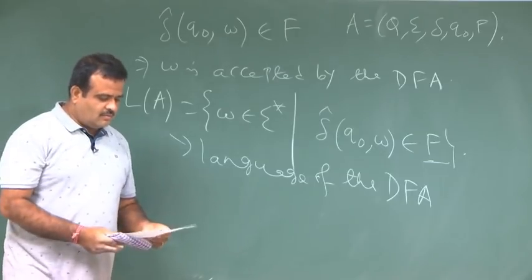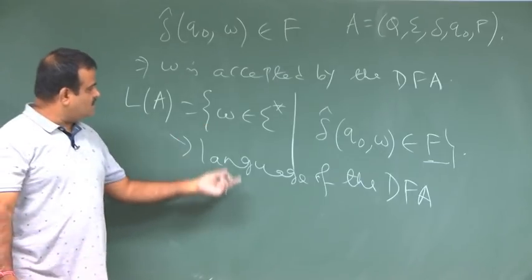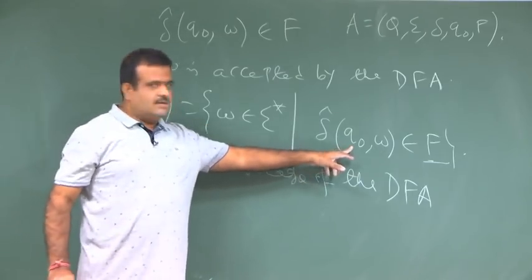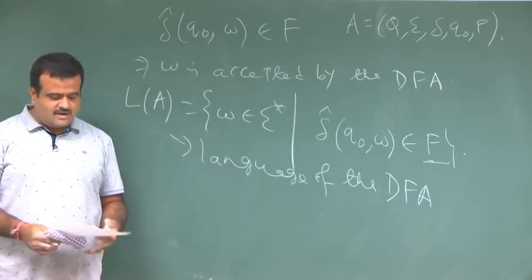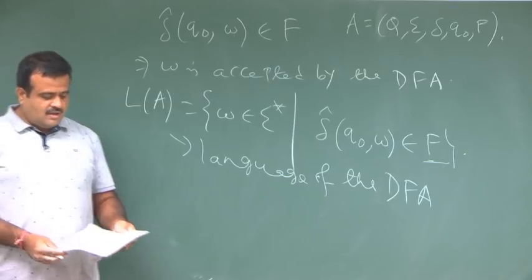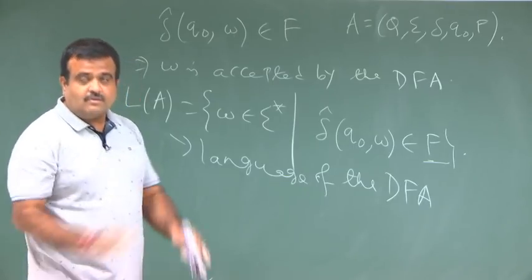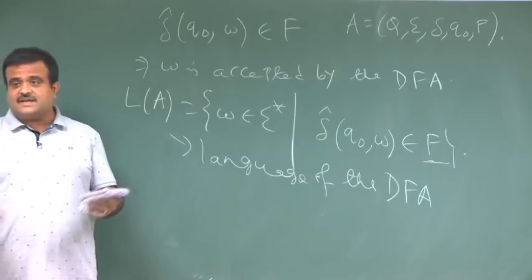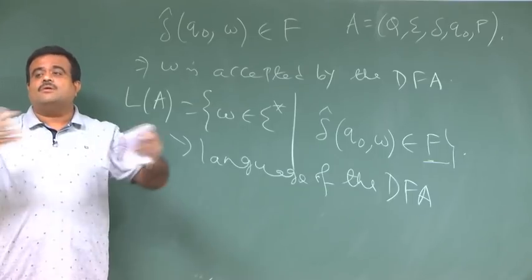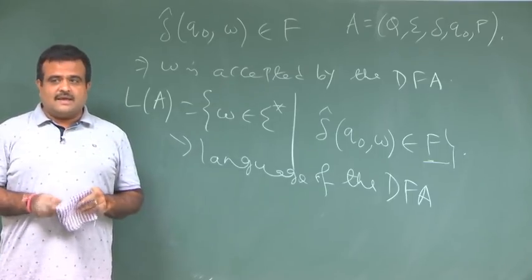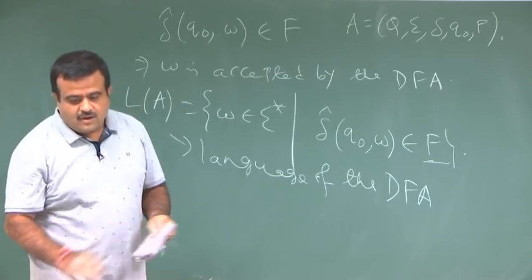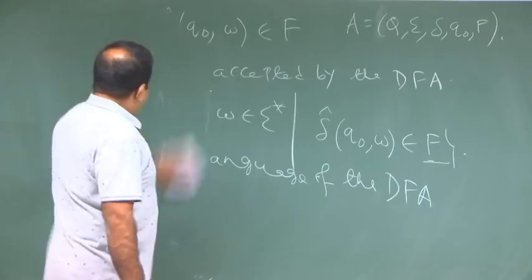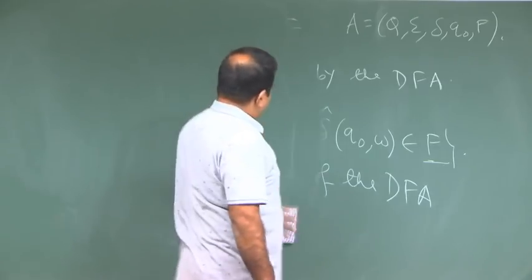This is the set of all strings w that start at the starting state and end in a final state. The set of all such strings is called the language; if we put them into the bag, that bag is the language of the DFA. Now, we define what we mean by a regular language.